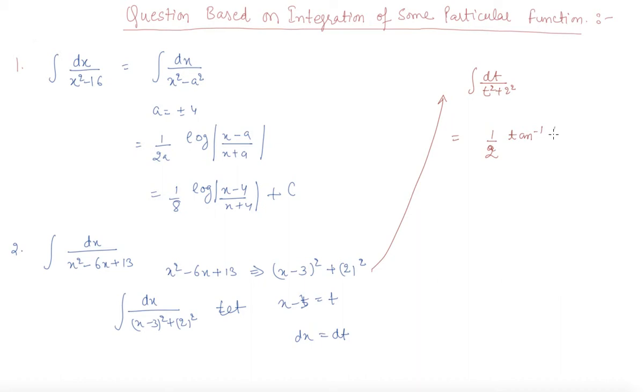So it is tan inverse t by 2 plus c, and t is x minus 3. So students, now I hope that you are pretty clear about how to do such types of examples. Now let's discuss a typical one.